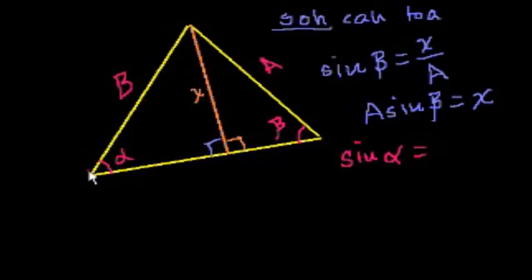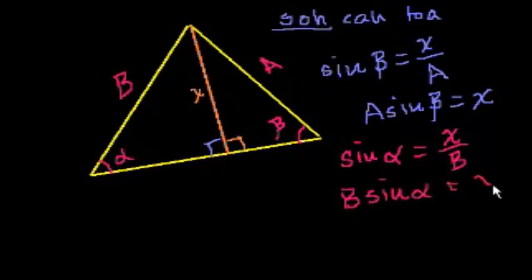The opposite is x, and the hypotenuse is b. And let's solve for x again. Multiply both sides by b, and you get b sine of alpha is equal to x.